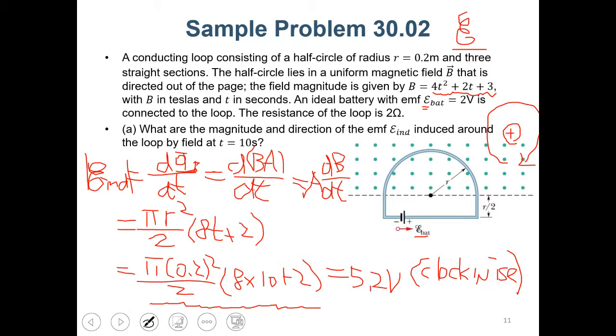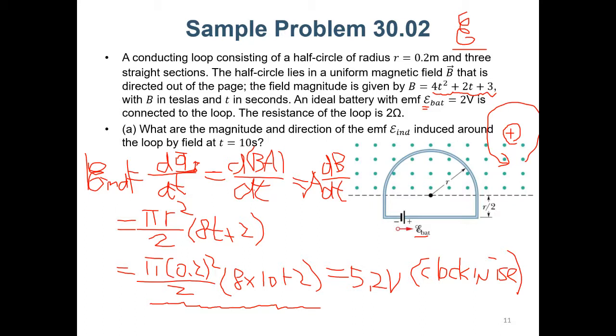Because this direction, according to this one, is positive. If outside is positive, then according to the right-hand rule, it should be counterclockwise.